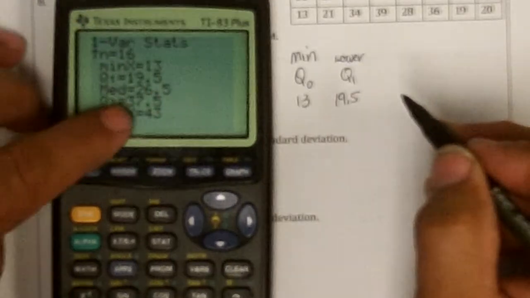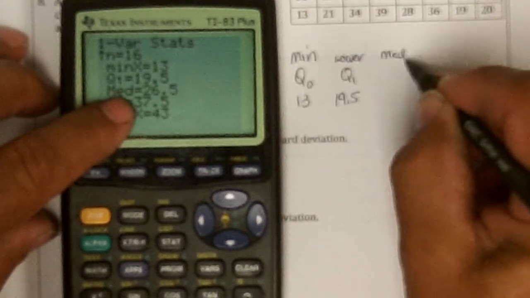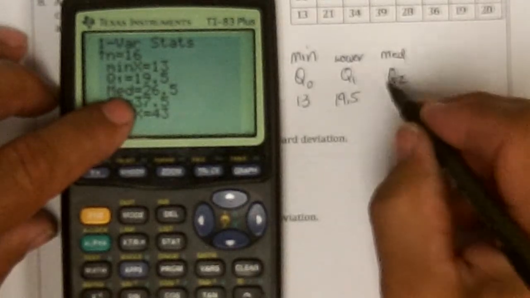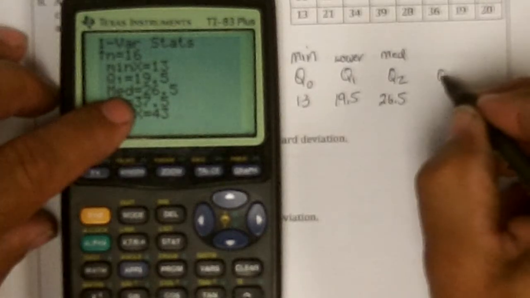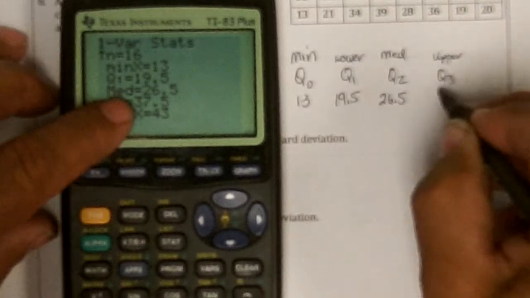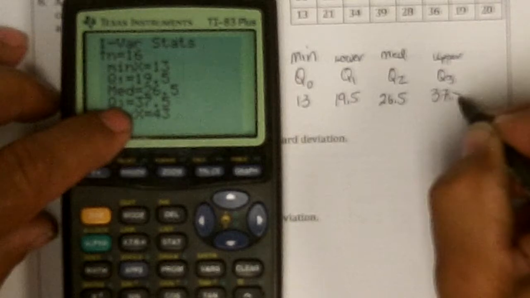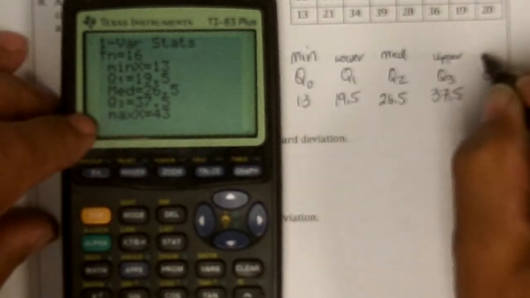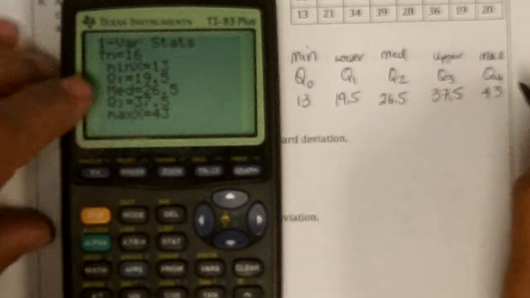Again, this is what the calculator does. There's a different formula they use in statistics, and in Excel. Q2, the median, is 26.5. Q3, or the upper quartile, is 37.5, and Q4, or the max, is 43.